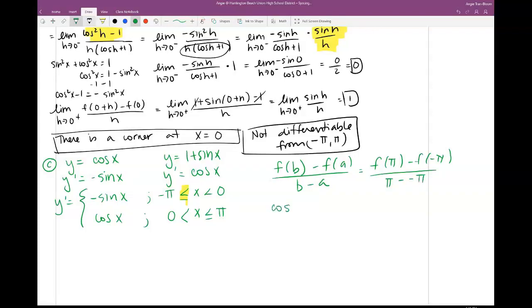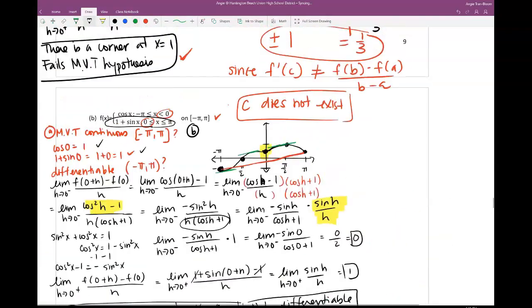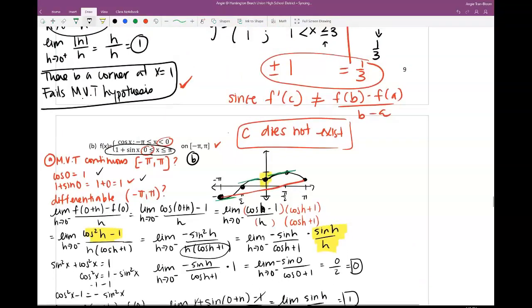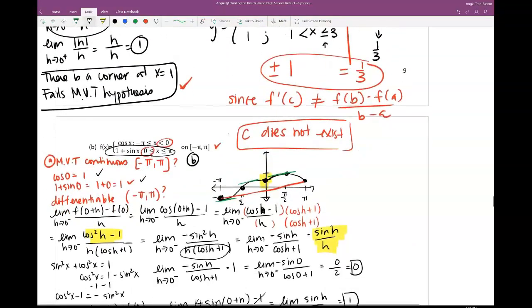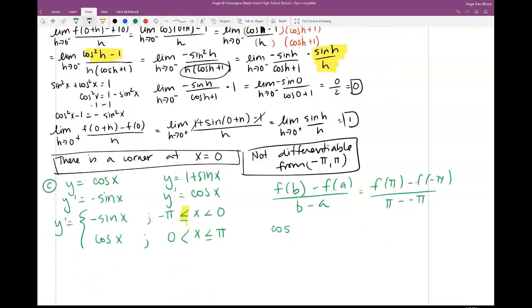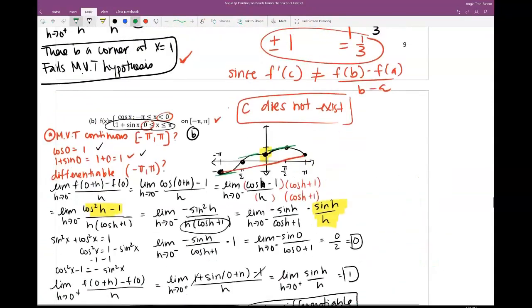Cosine of, I need to do pi first, okay? So pi is, which function am I using? Let's see, I have pi, so it's going to be 1 plus sine of pi. So I can't use cosine. That'd be 1 plus sine of pi, minus, for negative pi it's now going to be cosine.